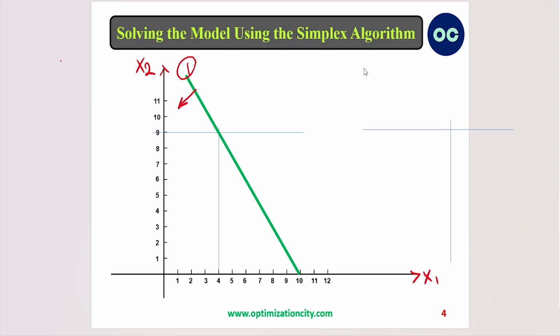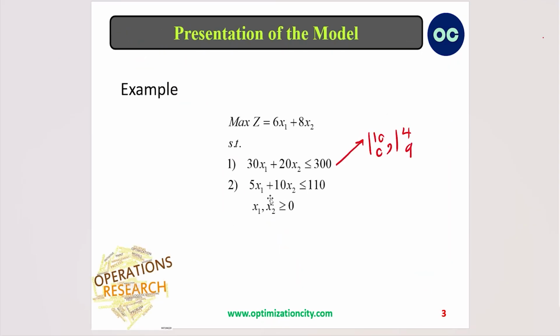The second constraint, 5x1 plus 10x2 is less than or equal to 110, passes through two points, (10, 6) and (0, 11).